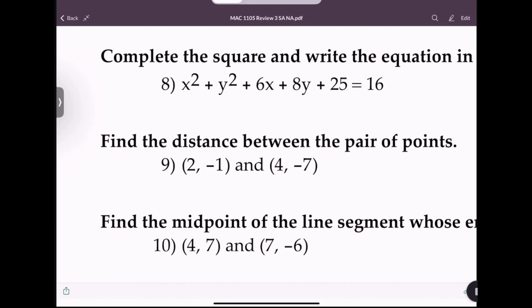Because we wanted a quantity squared plus a quantity squared equal to the radius squared. That's your radius squared.